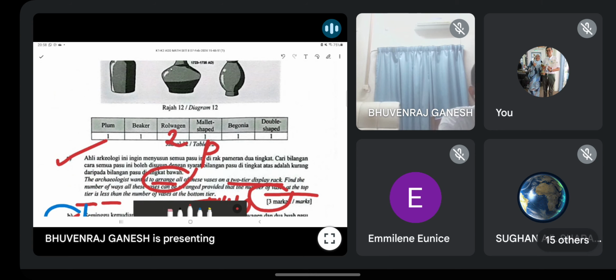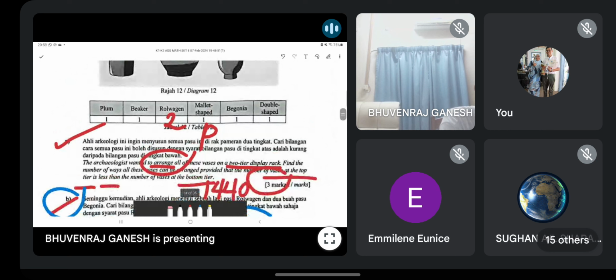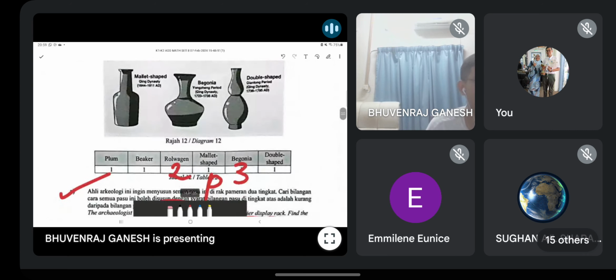And this one, what is the name? Begonia. Begonia already tambah to 3. So this is our new total now. So now you must arrange all of this. So basically, you write like this first: P, B, R, R, and then M.